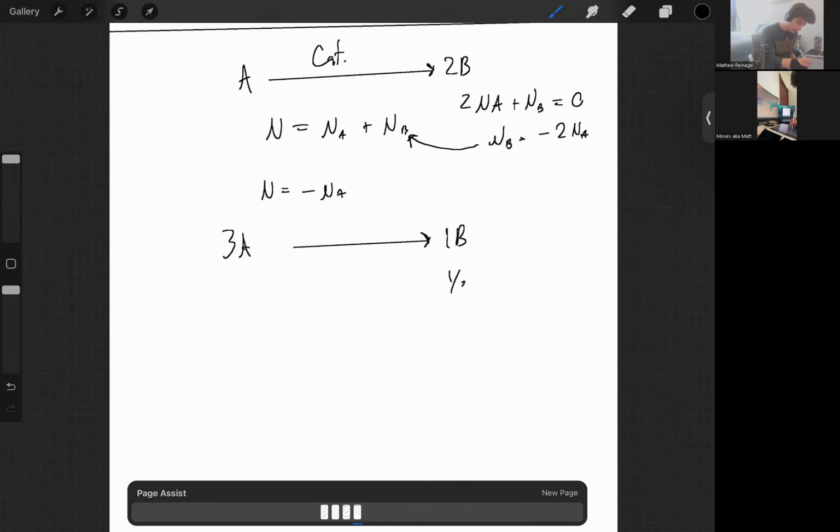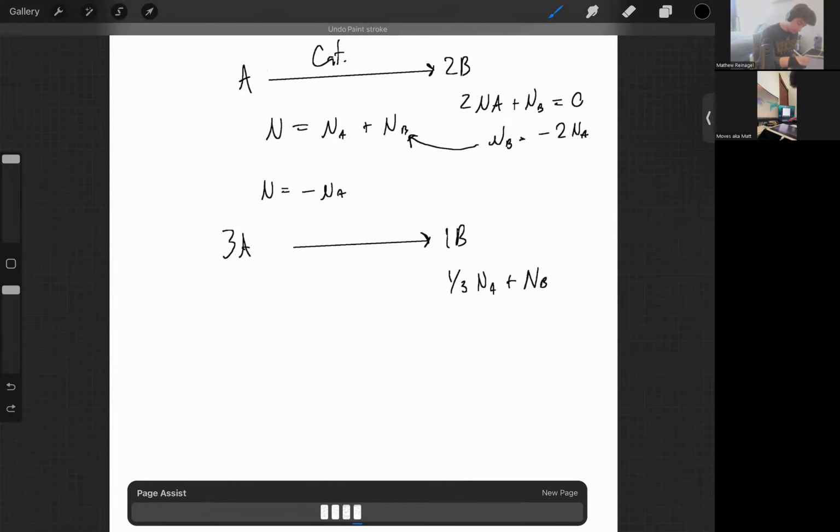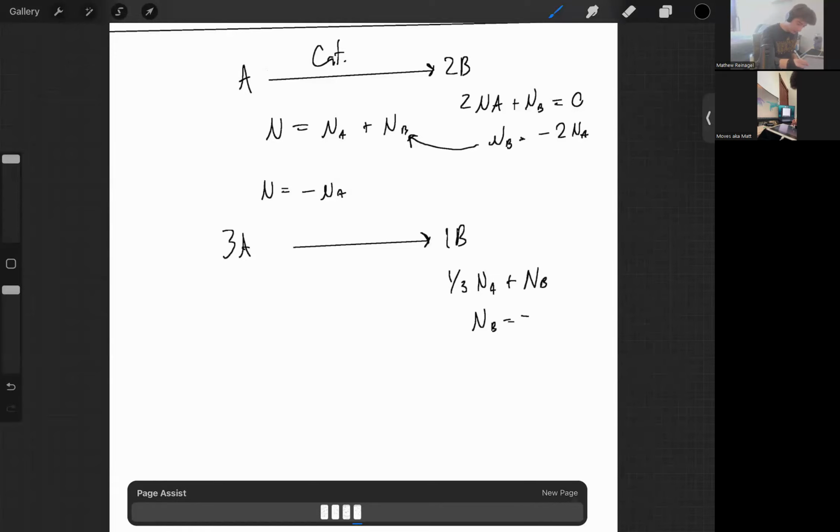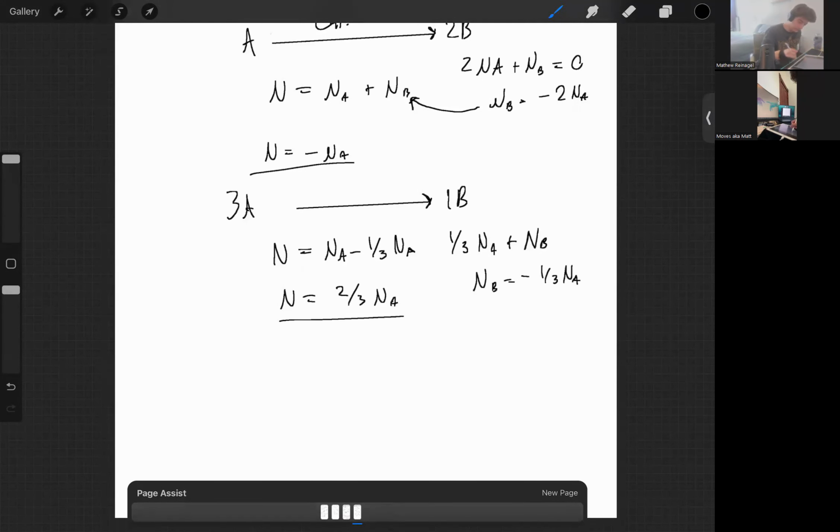We have 1/3 of the molar flux of A plus the molar flux of B equals 0, which means the molar flux of B equals negative 1/3 N_A. If we simplify this, it would be N_A minus 1/3 N_A, which then means that our total molar flux equals 2/3 of the molar flux of A. So what this means in this case is that we're consuming more reactant than we are producing product.